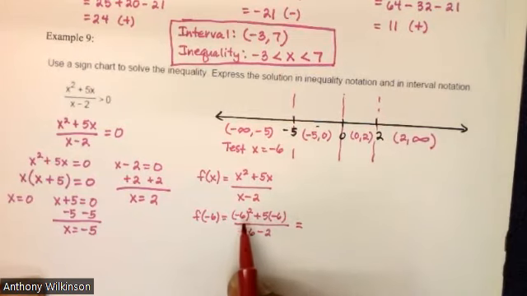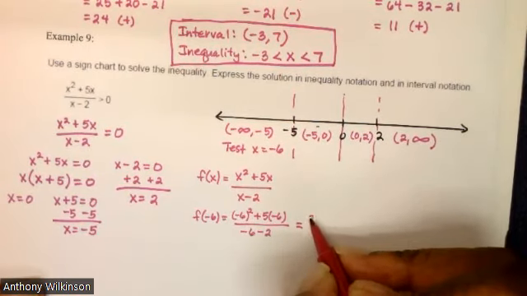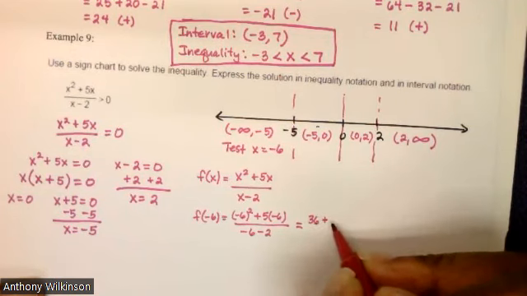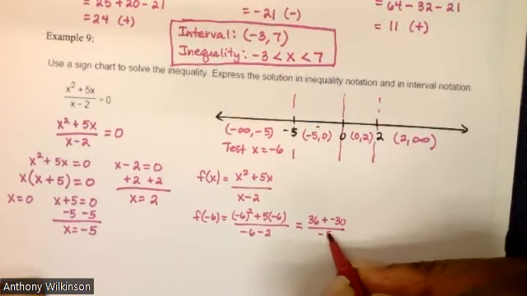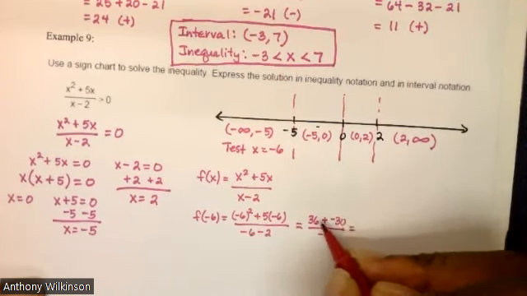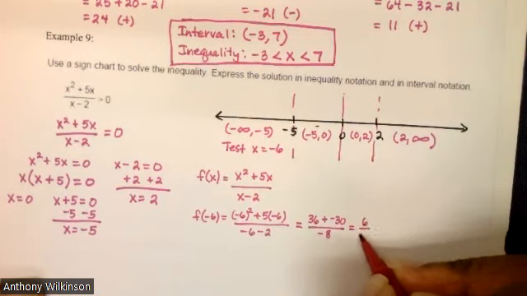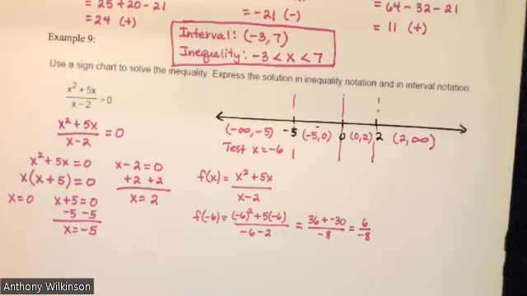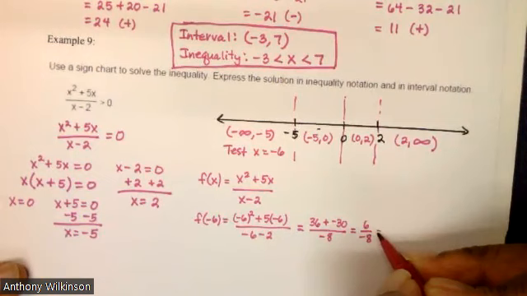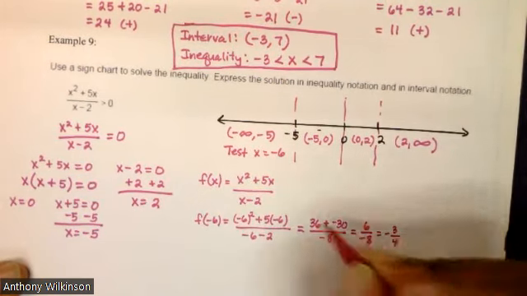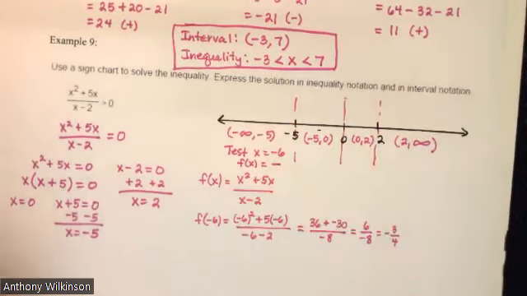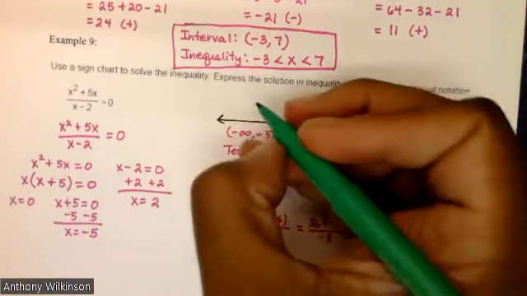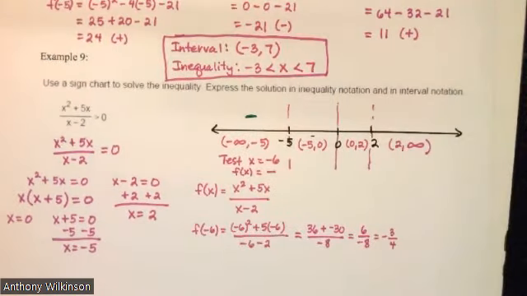So in this case here, -6 squared will be 36, plus 5 times -6 will be -30, over -6 minus 2 will be -8. 36 plus -30 is 6 over -8. And I can reduce it to -3/4, but here you can pretty much see that your function here will be negative. So that means here, from -infinity to -5, I'm going to have negative values for f of x.